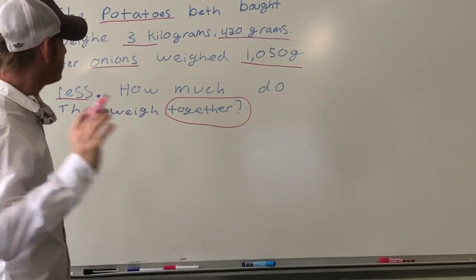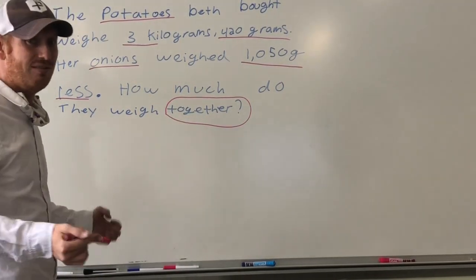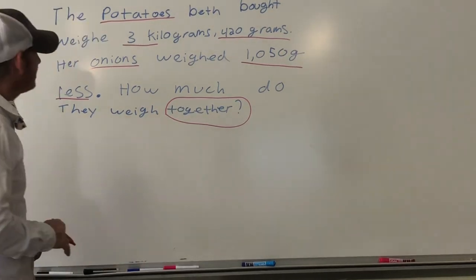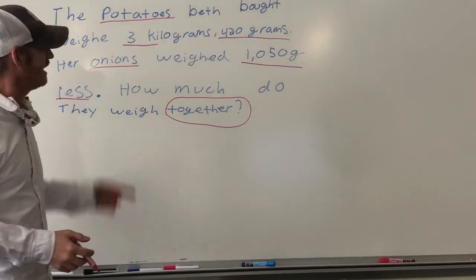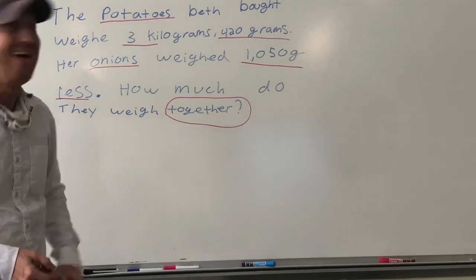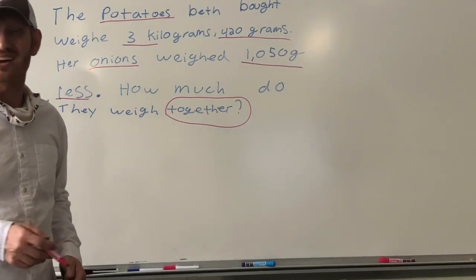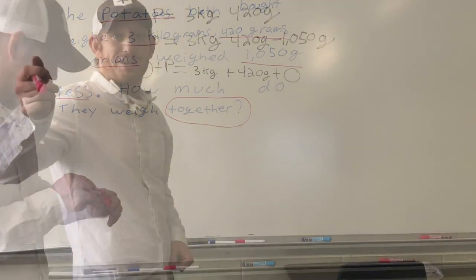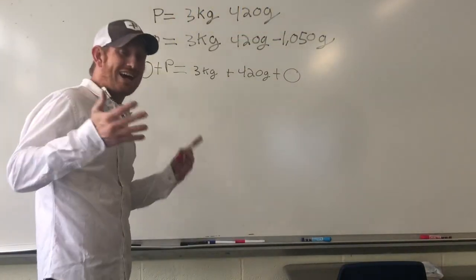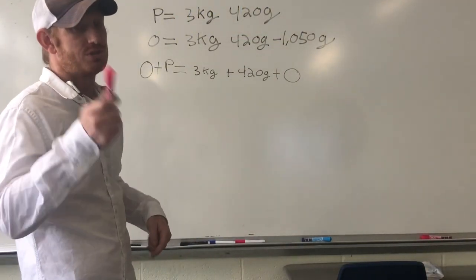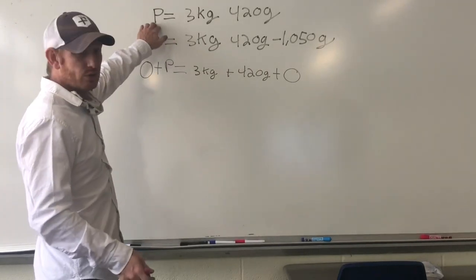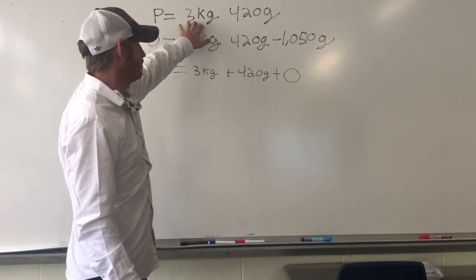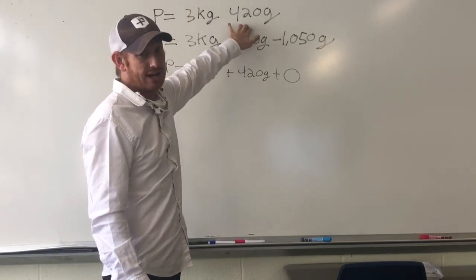So using those keywords and the information I have, I know that I'm going to have to use both addition and subtraction in order to solve this problem. Let me put the important stuff on the board, and then we'll get right back at it. So what I've done here is I have broken out our word problem into the most important parts. We know that our potatoes weigh 3 kilograms and 420 grams.